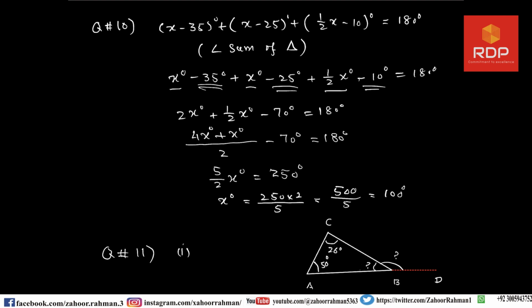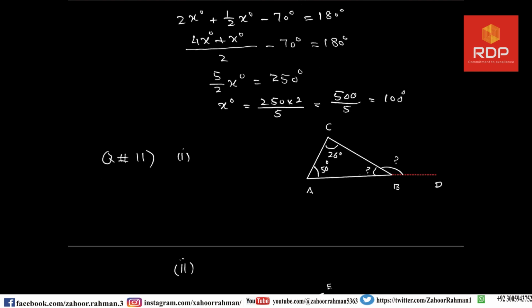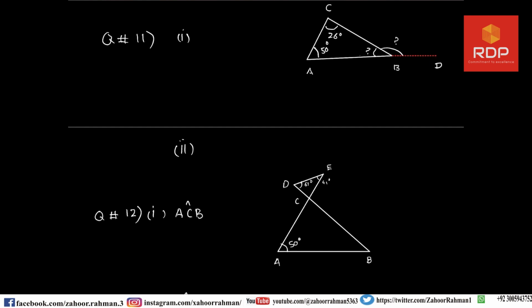Now we are turning our focus to question number 11, and in question number 11 you don't have to first consider that red dashed part, because I made it already for you. So first we have to concentrate on the triangle ABC.